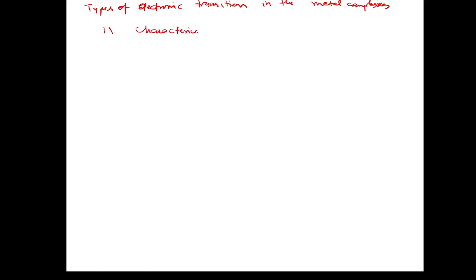First, we have characteristics of the metal ion, which is the dd transition. Second, we have characteristics of the ligand, which we basically get from the ligand transition.